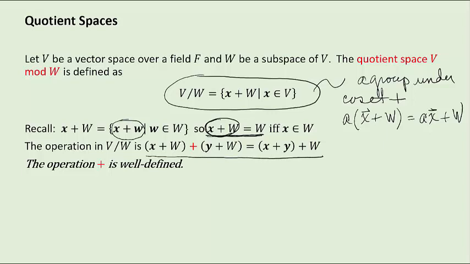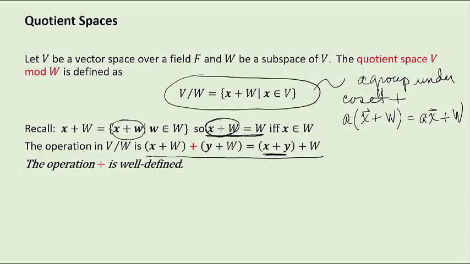We used a star there instead of a plus, but I've just turned it into a red plus because it's a vector space. If we add 2 cosets, we simply add their representatives. And this operation is well-defined.